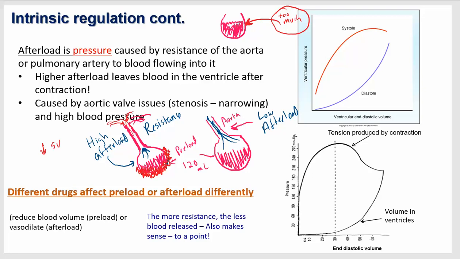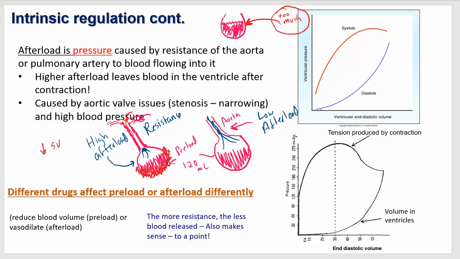Meanwhile, if you have a high preload, a lot of times that's because there's too much blood, and we can lower that with diuretics or something. Lots of options.